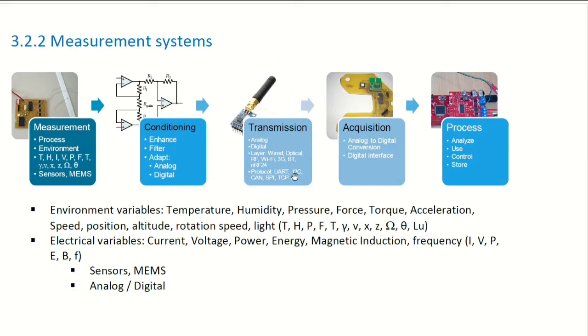Then it can be transmitted over air or over some protocols, over wires, and goes to the acquisition system and is acquired by the CPU through analog to digital converters. So we will see all of this. And at the end, we will perform some computation using the value from the signal, and we'll use it to control or to store data and analyze it.